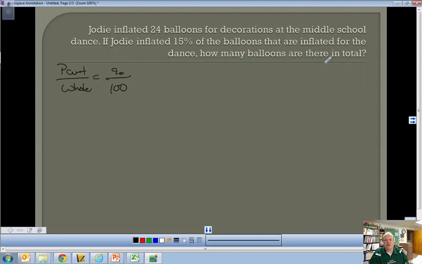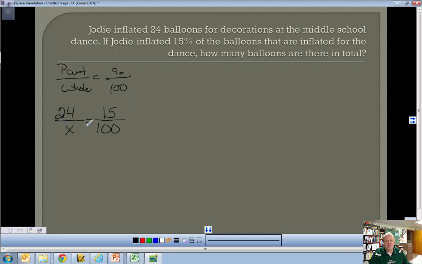So, in total, evidently that's my whole. I don't know that. So if I write my proportion, I know this is going to be 100. My whole, I don't know. So my part then would be 24, and my percent here is 15.